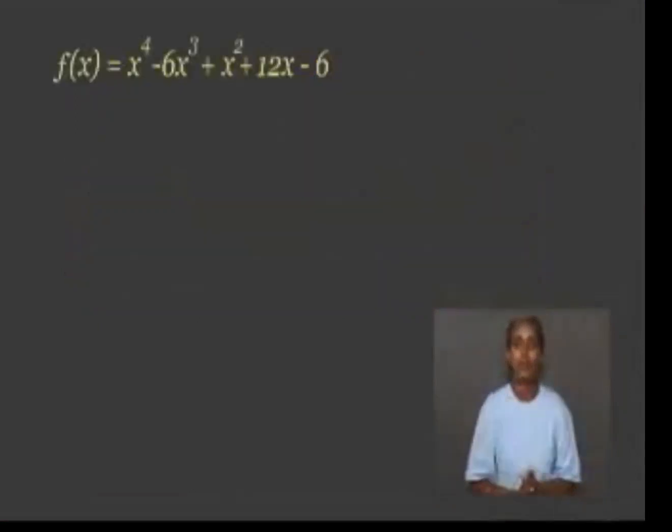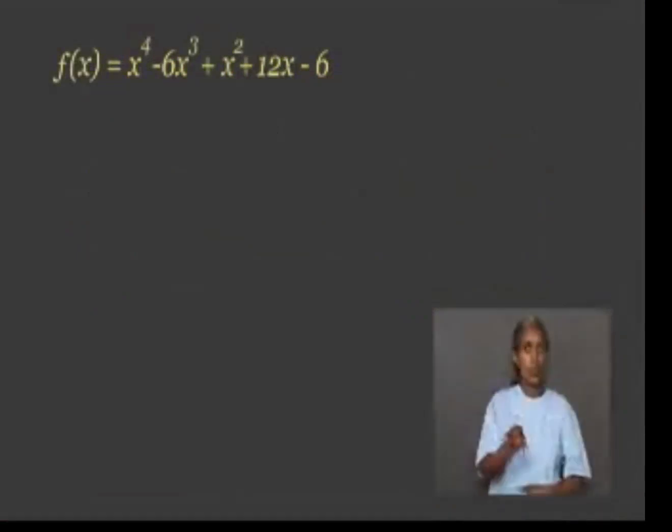Here is an example. Observe this polynomial. How can we apply the location theorem to locate the zeros of the function?